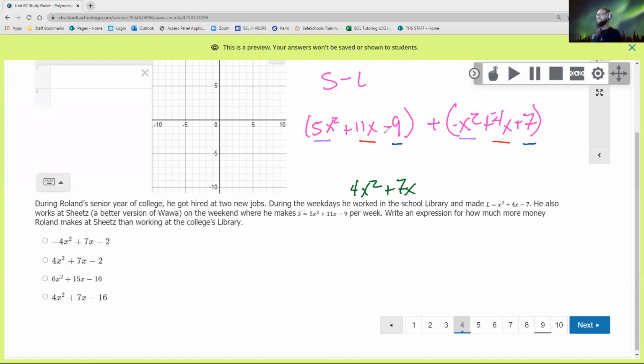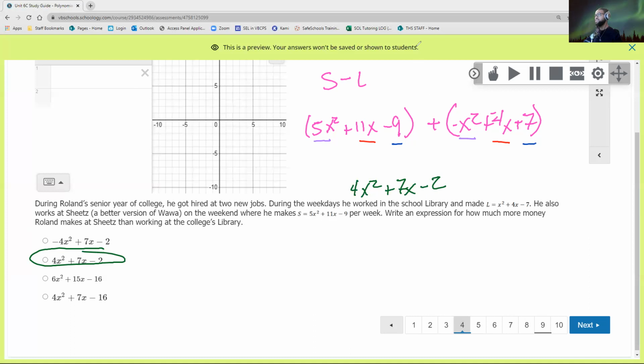And finally, negative 9 plus 7 leaves us with minus 2. So 4x squared plus 7x minus 2, that's going to be your answer. The ordering may be different when you look at your answer choices. For me, it's B. For you, it might be a C or a D or even B. So keep that in mind. But that's how we do this question. This was question 4, one of the more missed ones.